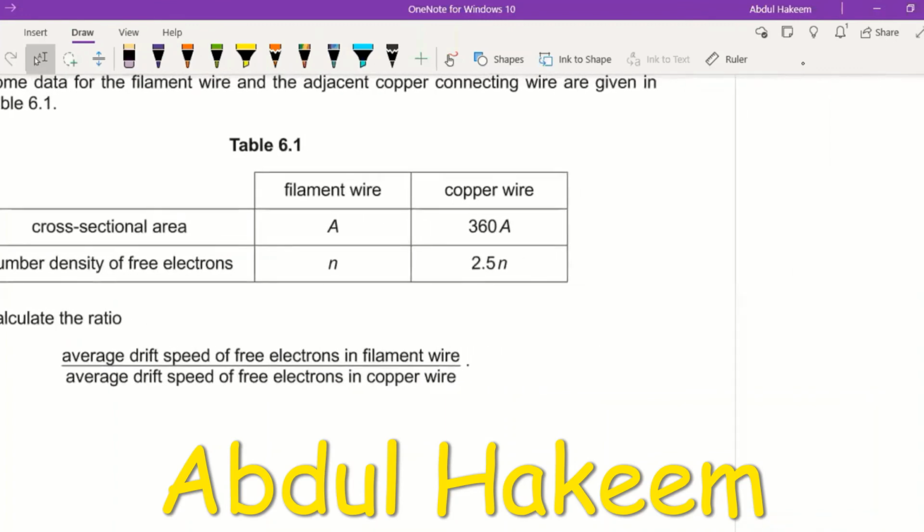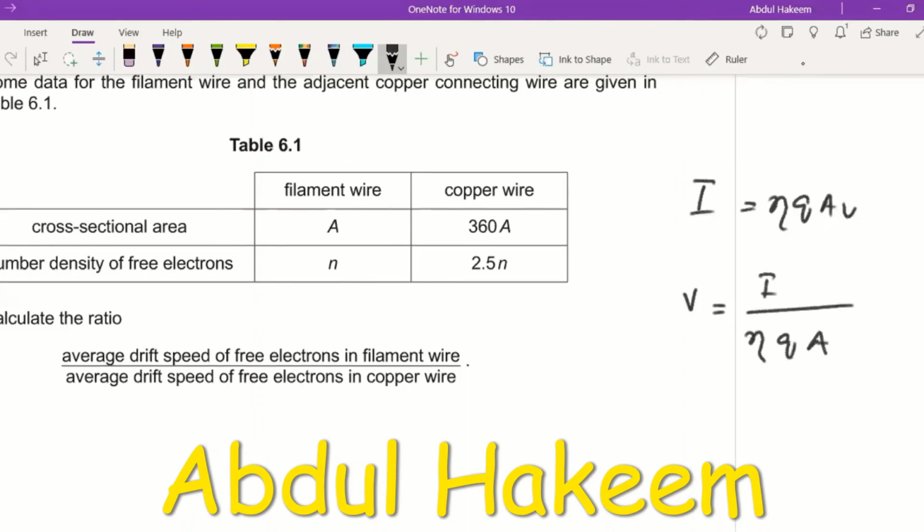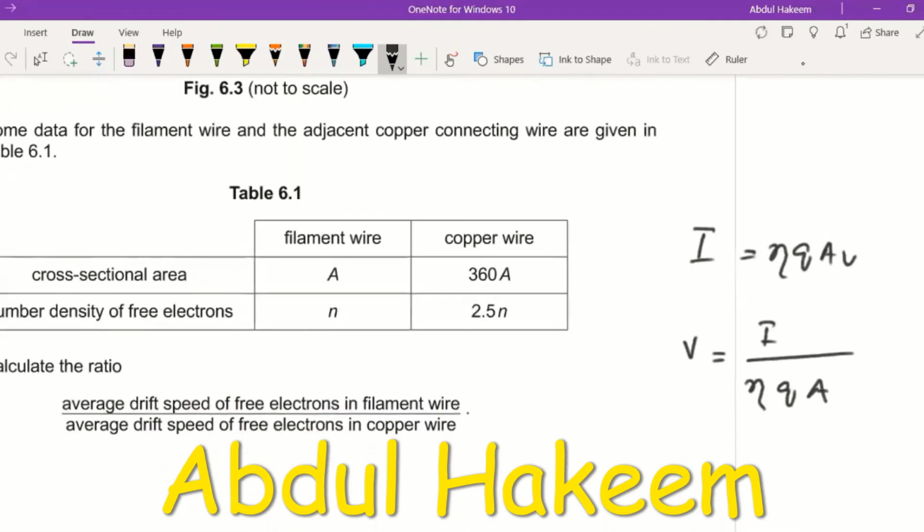For the average drift speed, the formula is I is equal to nQAv. So v is equal to I divided by nQA. Both are connected in series, so current same, charge same, and number density different, area different. So the drift velocity is inversely proportional to the product of n and A.